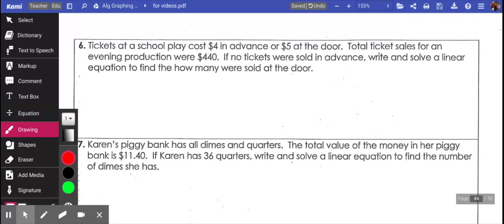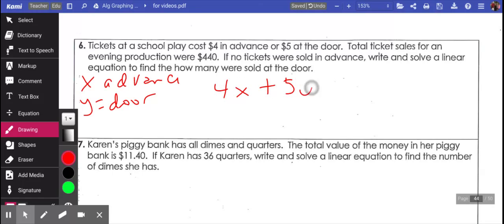Okay, tickets at a school play cost $4 in advance or $5 at the door. Total ticket sales. So I'm going to do X is advance and Y is the door. That's what I'm choosing. So they are $4 times the number of advance tickets plus $5 times the door ones equals $440.